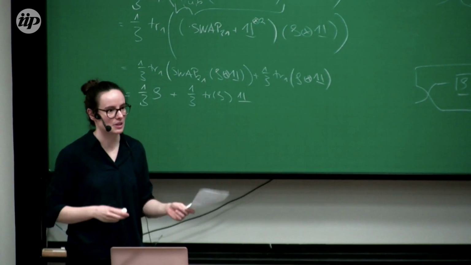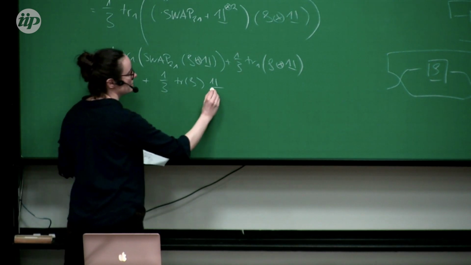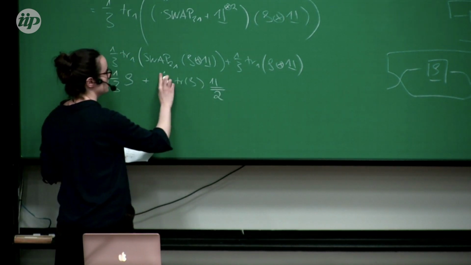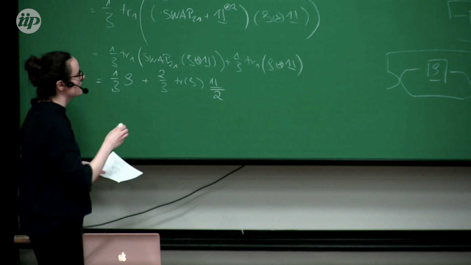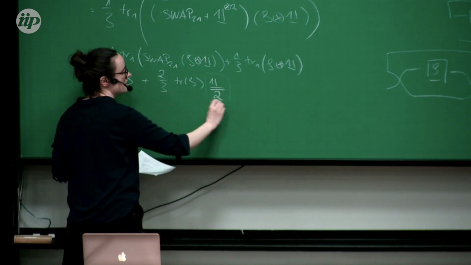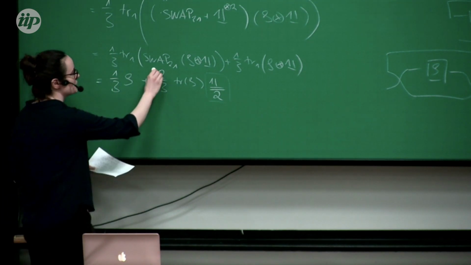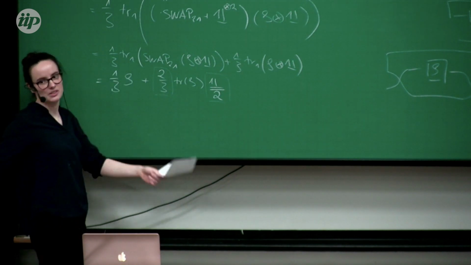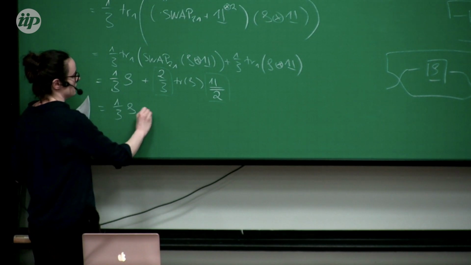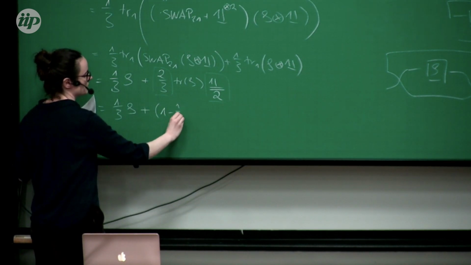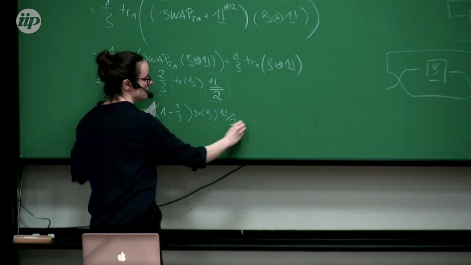And maybe some of you are thinking this looks a little bit similar. I will do a little trick. I will take my right part times 1, times 2/2. And then I see that this one is actually the maximally mixed state. Identity over 2 is the maximally mixed state. And 2/3 actually is 1 minus 1/3. So what we have here is now 1 minus 1/3 trace of rho, and then the maximally mixed state.